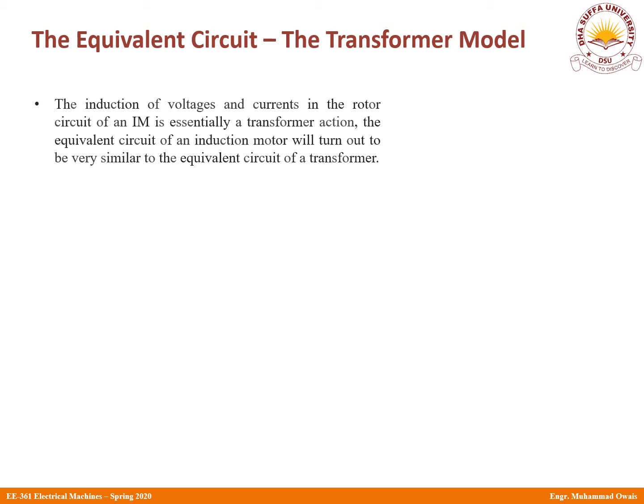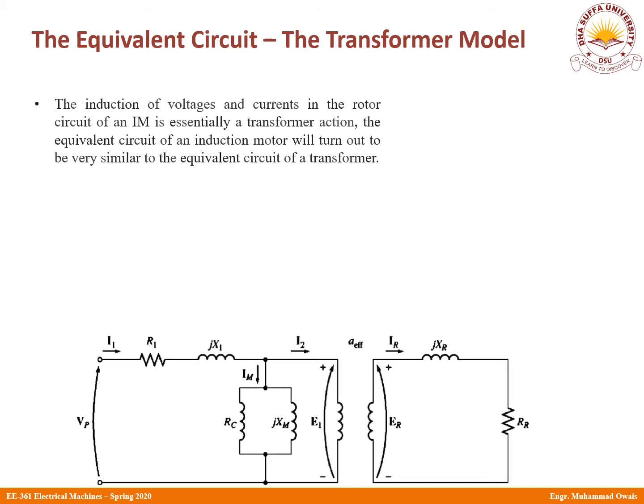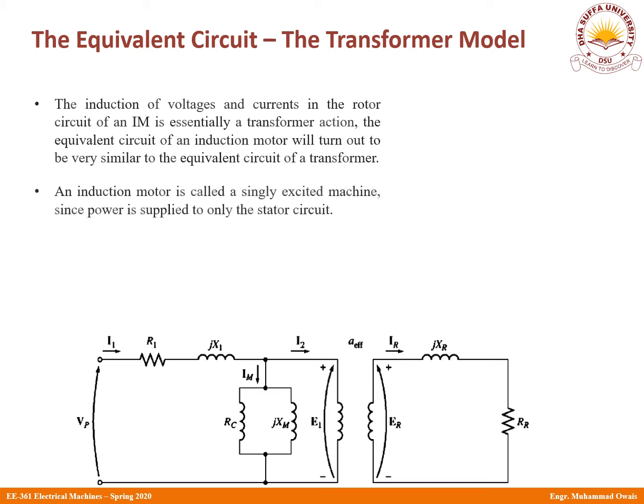So the voltage which is induced in your rotor is, in fact, exactly the same as in a transformer. Therefore the equivalent circuit is going to be pretty similar to the equivalent circuit of a transformer. And please remember that the induction machine is called a singly excited machine due to the fact that we are providing power only to the stator circuit.